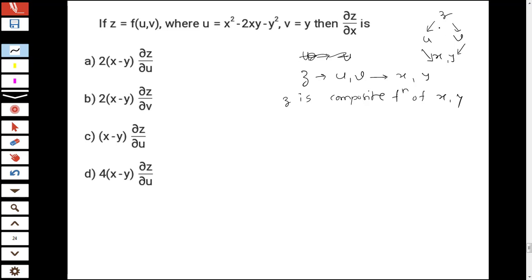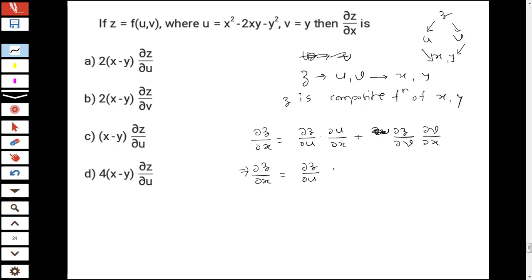So to obtain the derivative of z with respect to x or with respect to y, you have to go through u and v. So the required del z by del x will be equal to del z by del u into del u by del x plus del z by del v into del v by del x. Just simplify it. Del z by del x will be equal to del z by del u, it is as it is because we don't know what exactly z is in terms of u and v.